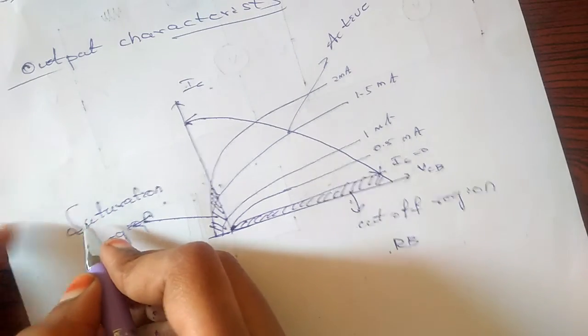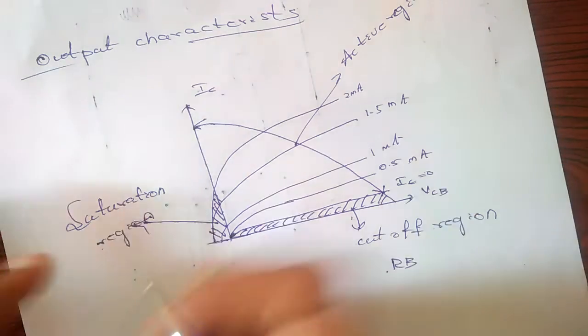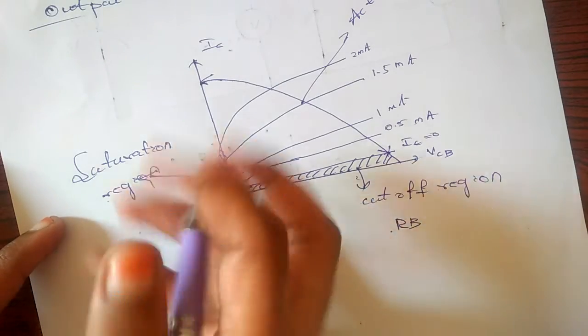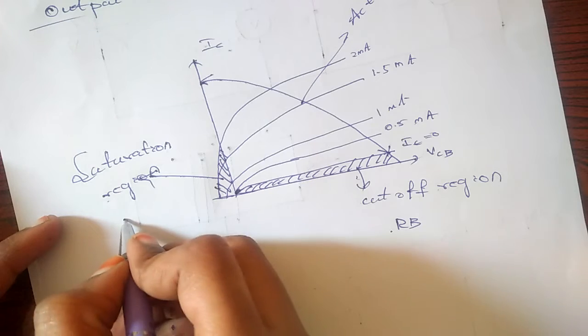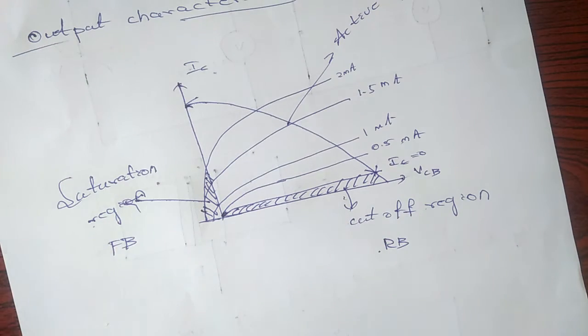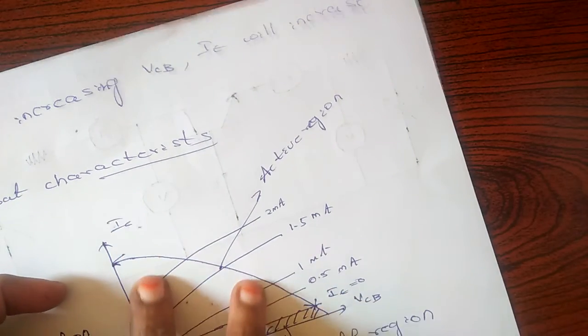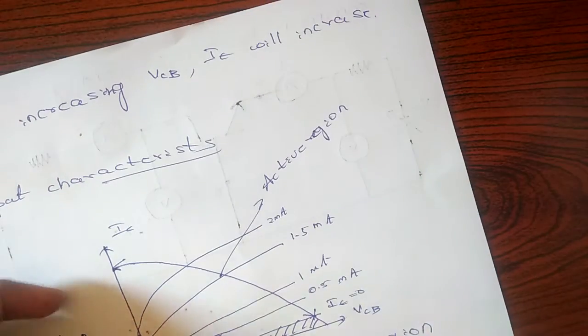Whenever we operate both emitter and collector junctions in forward bias, we get the saturation region characteristics. But whenever we make the emitter junction forward biased and the collector junction reverse biased, we get the characteristics in the active region.